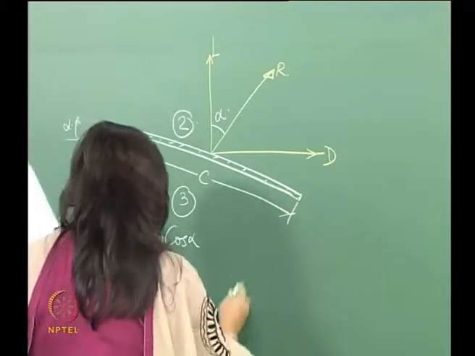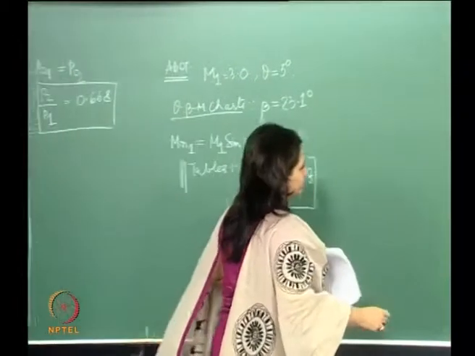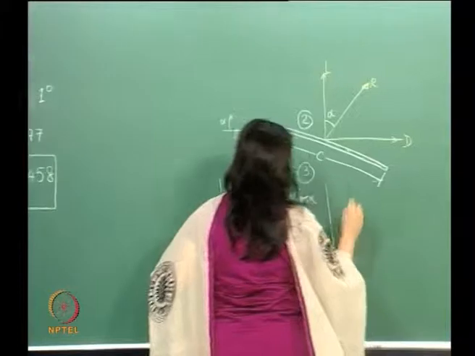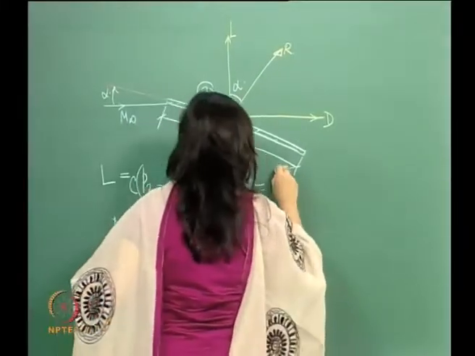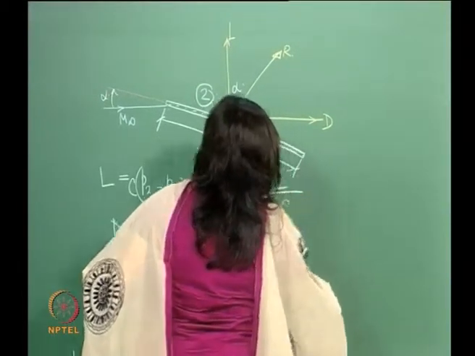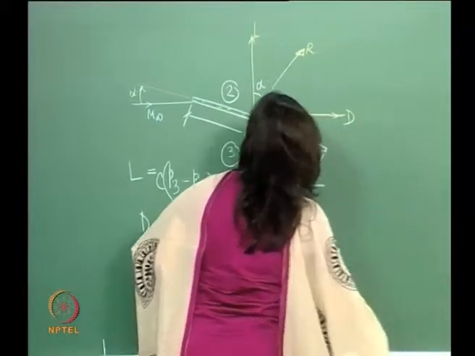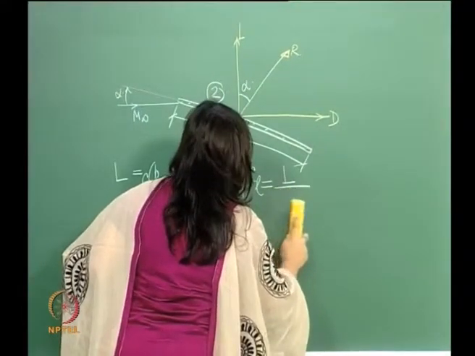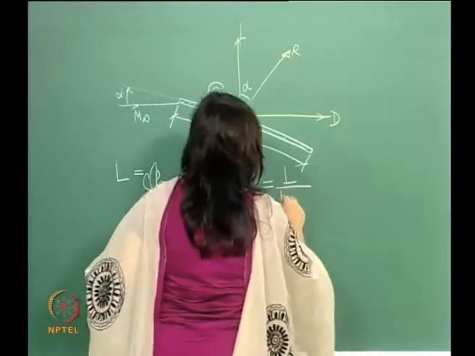So, C L. Let me write it over here. Now, C L, therefore, now this becomes lift divided by the dynamic pressure, which, if you remember, is half rho v square and all that.